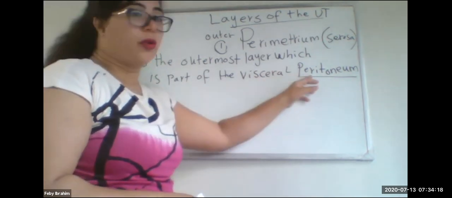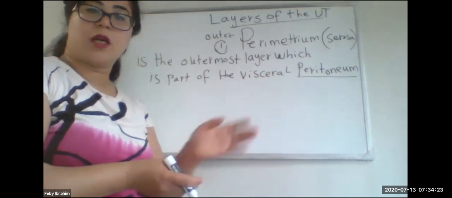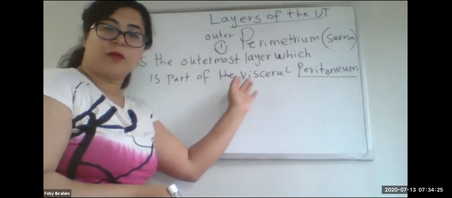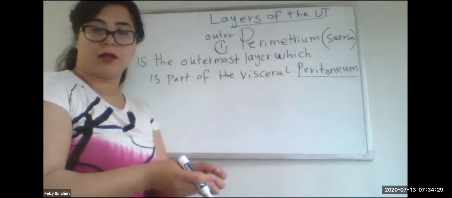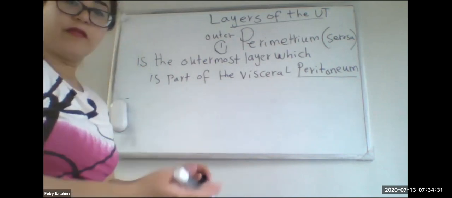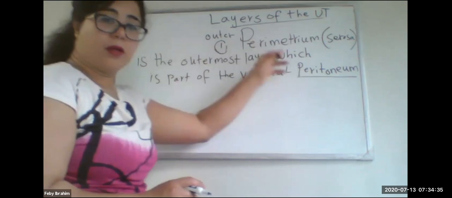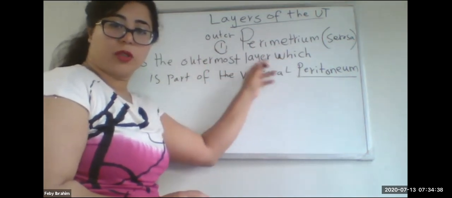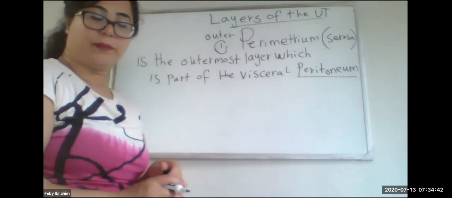So visceral peritoneum is a membrane that surrounds the uterus, or as a general, it's a membrane surrounding the pelvic and the abdominal organs. So the perimetrium is the outermost layer, which is part of the visceral peritoneum.